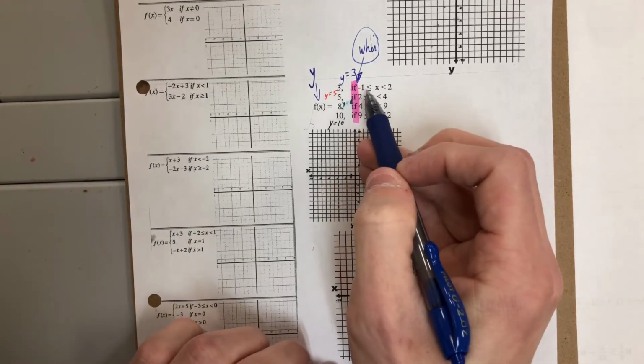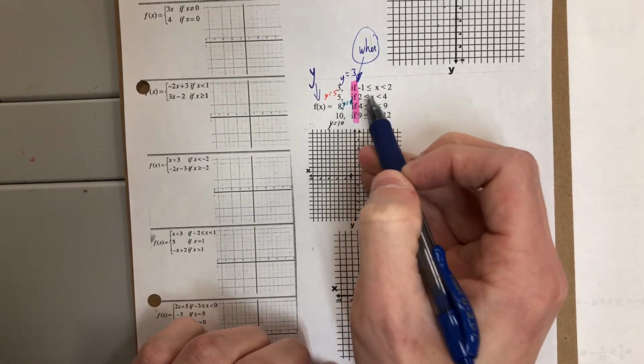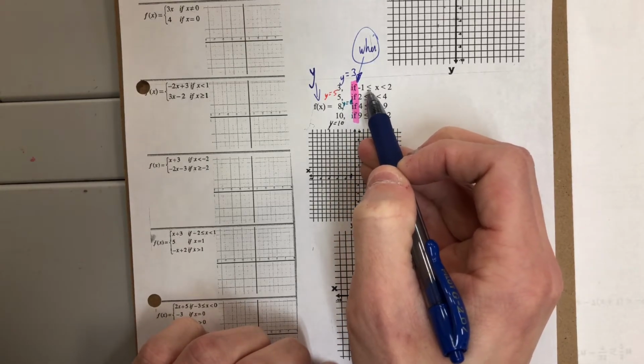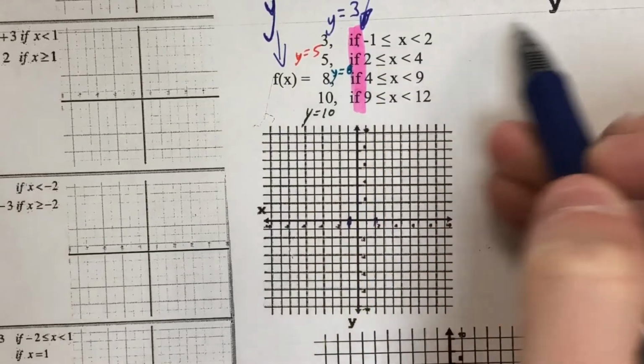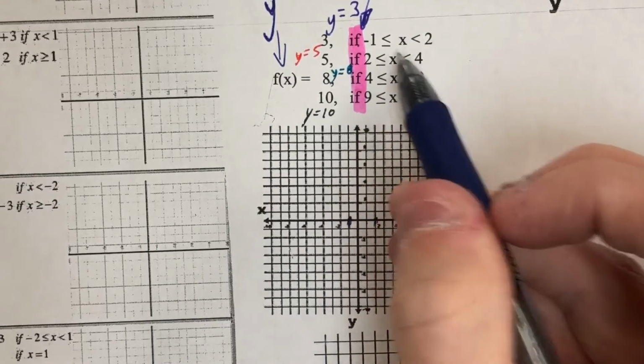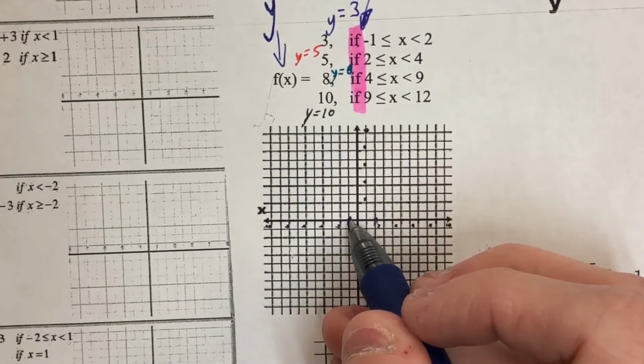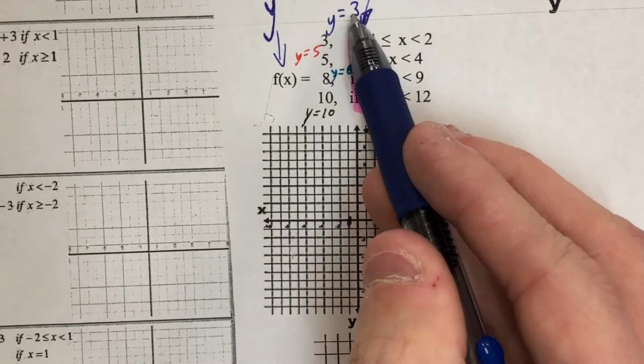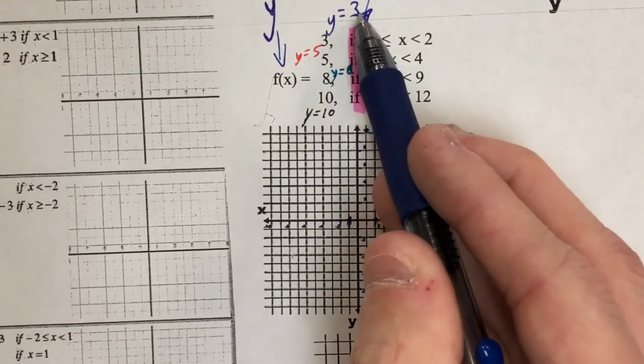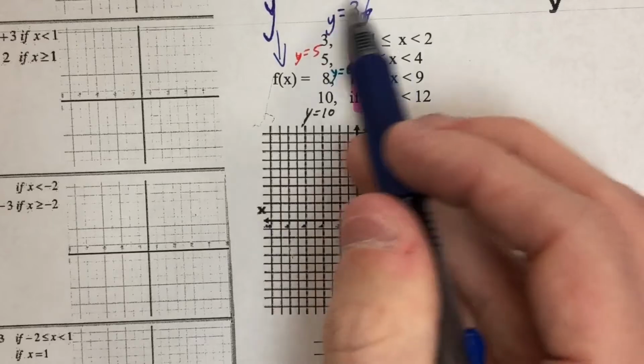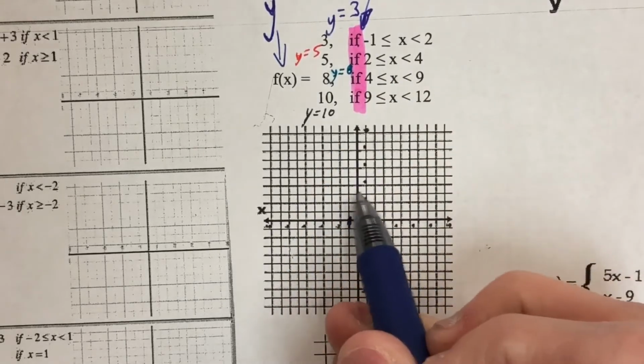Okay, so y equals 3, it starts at -1, and it is inclusive because it's got "or equals to." So is that open or closed? Yeah, it's definitely gonna be closed at -1 as an x, but y is 3. So x of -1, y is 3, okay? Because y equals 3 is a horizontal line at +3.